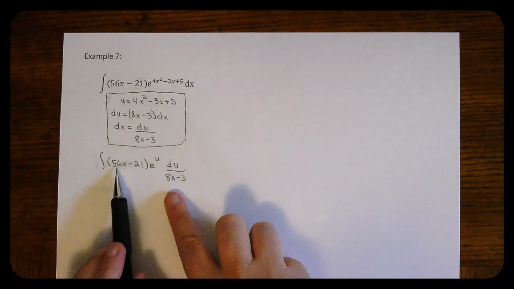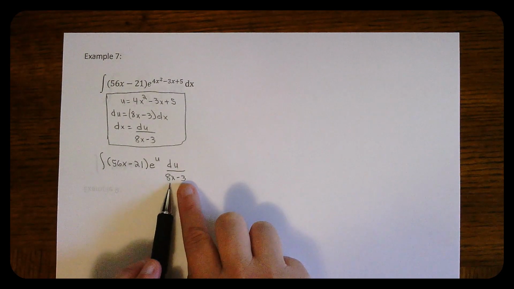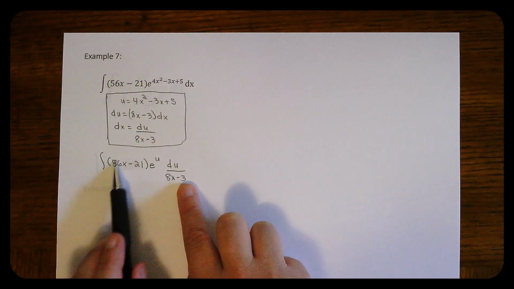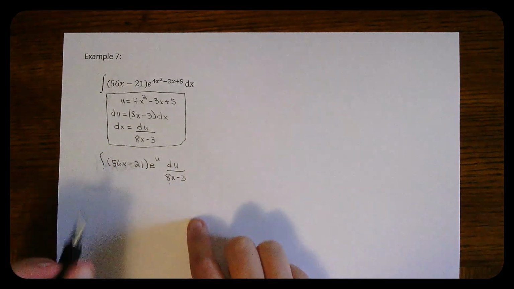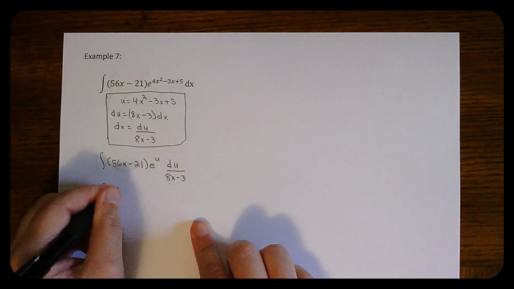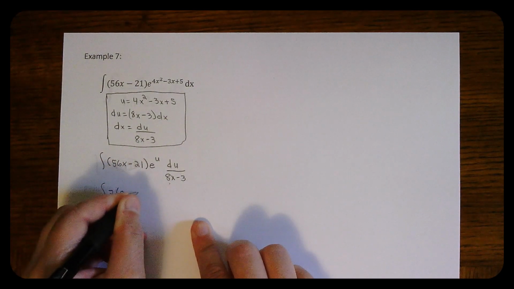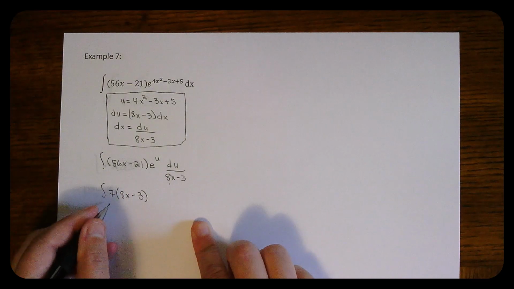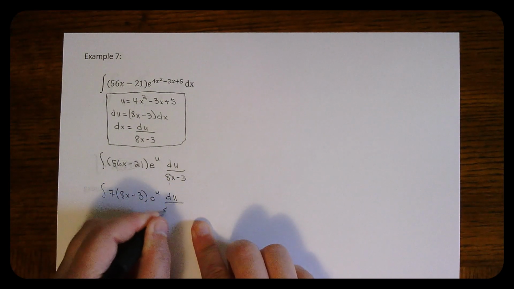Okay, now again, this time there is nothing to pull out here, but there is something that we can factor out to make these be the same. If you pull out a 7 times 8x minus 3, that gives you back that. So we factor out the 7. You've got to do that little bit of algebra sometimes.